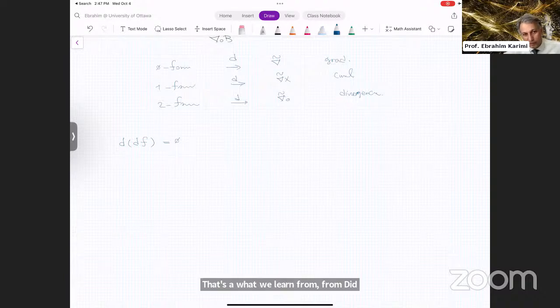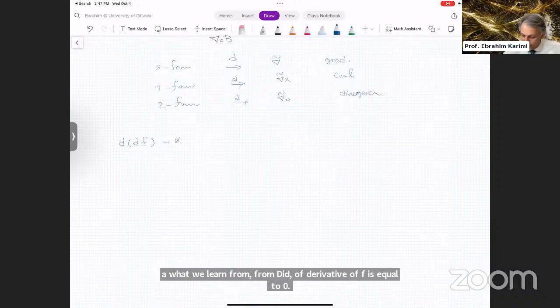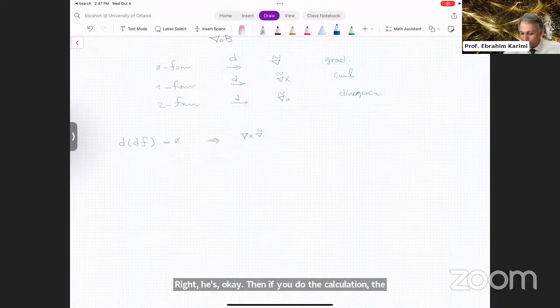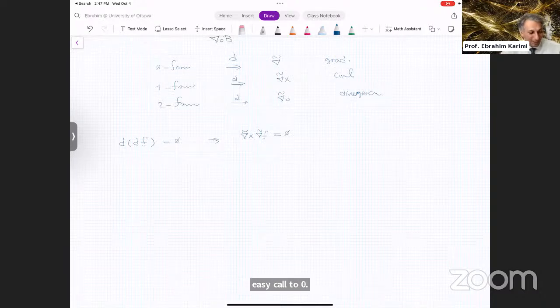The derivative of f is equal to zero, right? Then, if you do the calculation, the result will be the gradient of f is equal to zero. It's so beautiful.